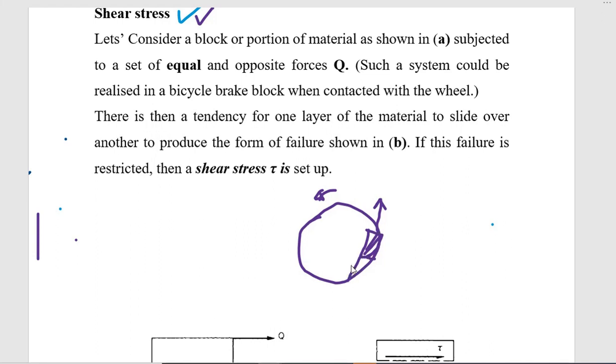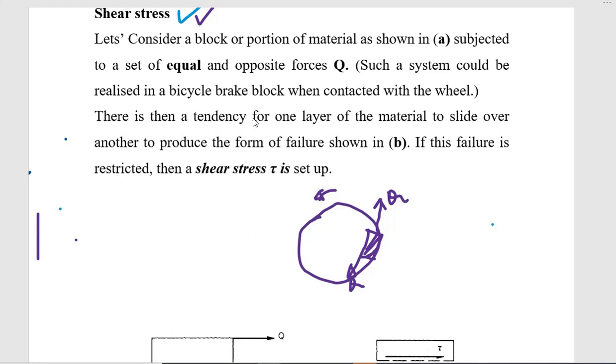So the force that will act tangentially on the material of the block is going to act opposite. But this force, if this is Q, it will equal this Q that is meant to be applied to stop the wheel from moving.